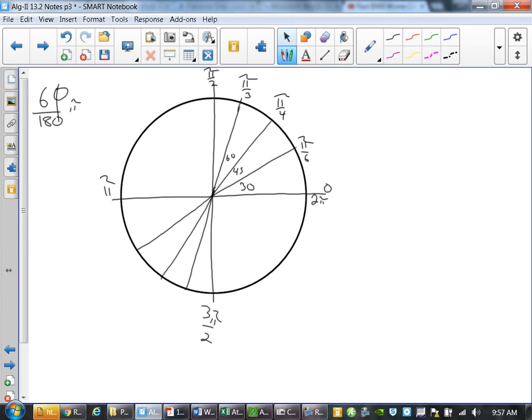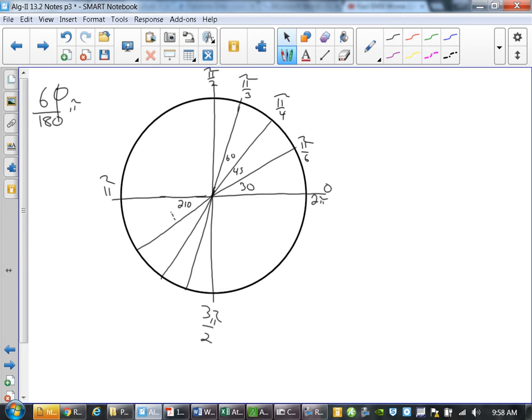I'm just adding pi to it because it's just moving 180 degrees across, because this line is straight across from it. If you tilt your head, this is just moving itself over 180 degrees because of what's called that reference angle, down 30 degrees from 180. Well, 180 plus 30 is 210. So we have 210.